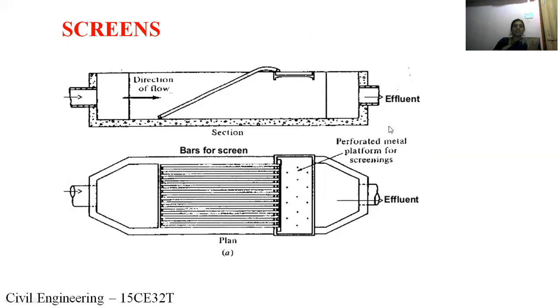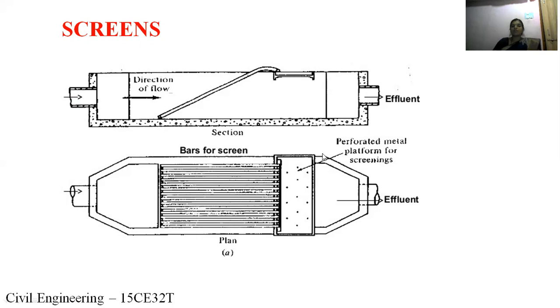Next topic, screens. So this shows the sketch of screens. This is the influent channel, this is the effluent channel. These are the bars of screens. It may be made to stand at an angle of around 30 to 45 degree, or it may be made to stand at 30 degree, and it is placed parallel to each other.